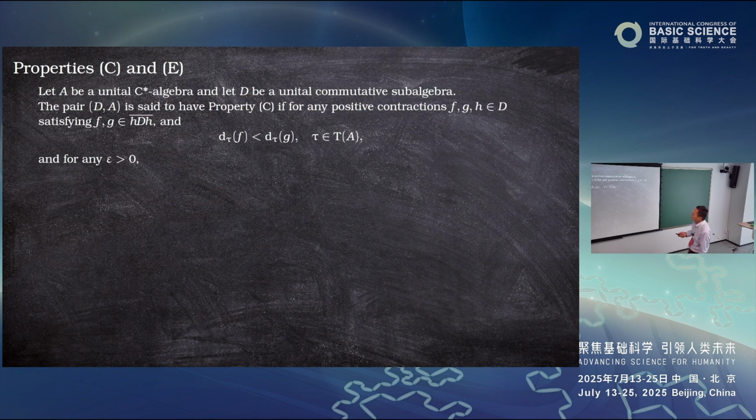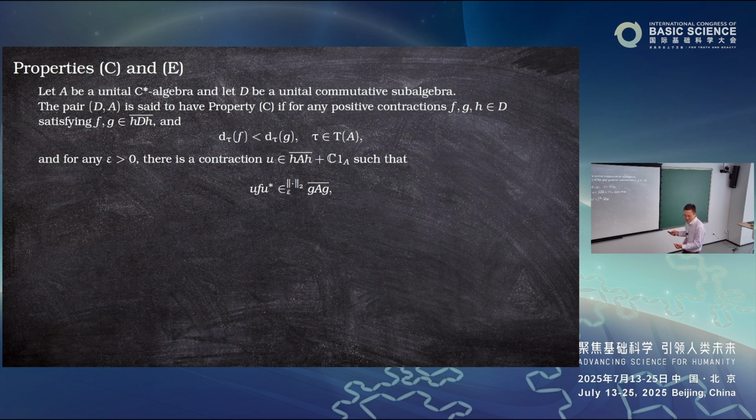The first property, property C, is a relative comparison property. Suppose you have two continuous functions f and g inside D, inside this commutative subalgebra, and the rank of f is dominated by the rank of g. Then you are able to twist f inside g.